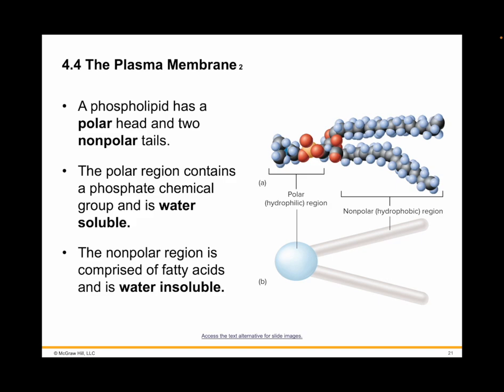Lipid bilayers. Imagine what happens when a collection of phospholipid molecules is placed in water. A structure called a lipid bilayer forms spontaneously. The long nonpolar tails of the phospholipid molecules are pushed away by the water molecules, shouldered aside as the water molecules seek partners that could form hydrogen bonds.